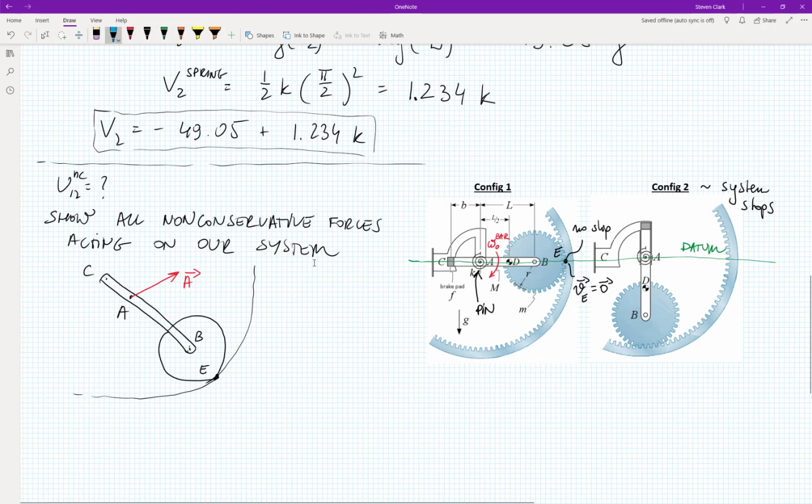So in here we will have some normal force. In here we will have some tangential force. But instead of drawing these two components, I will just call that force R. I don't know the direction. Okay, so I have two right now on the board. Is there any other non-conservative force acting on our system?